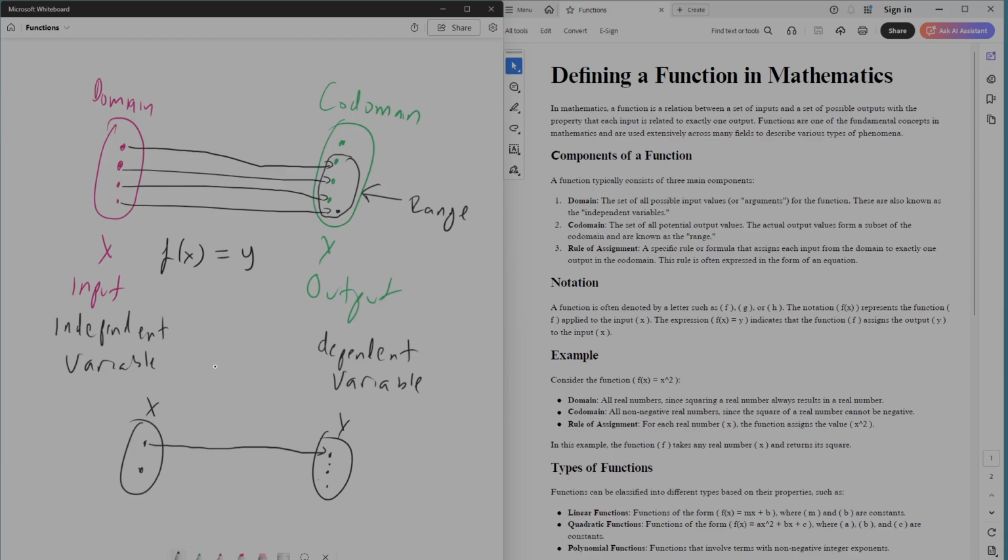That is fine. But then one of the x's goes here, and it also goes here. That means that one x goes to multiple y's. So this would not be a function, not a function.